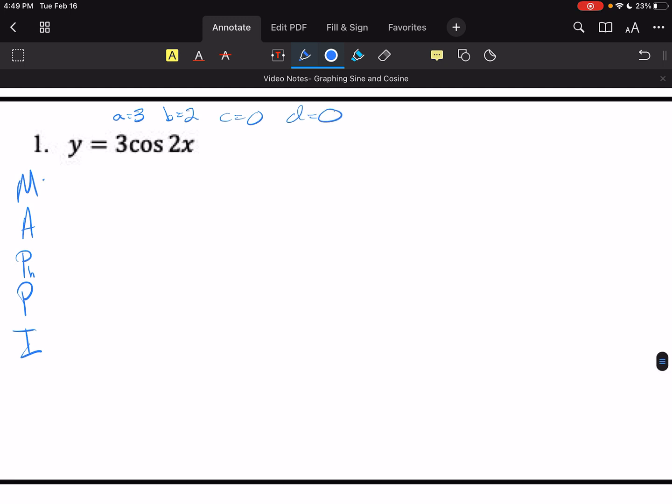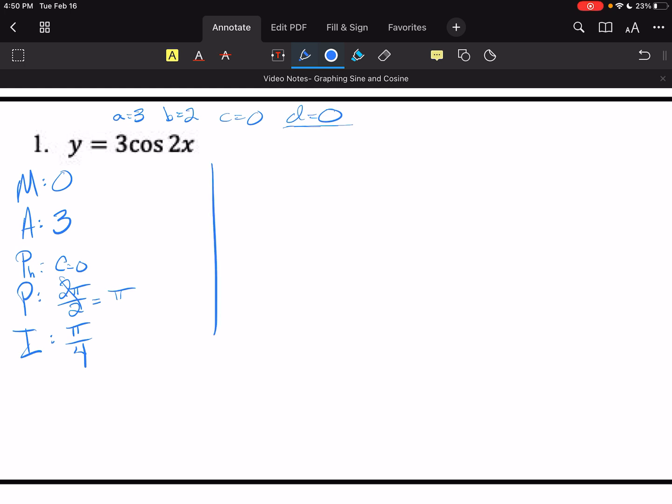So my midline, my vertical shift, 0, okay? Amplitude, 3. Phase shift goes with your C value, which is 0, so we're not moving left or right. Period, 2 pi over B, which would be pi. And then my interval, I divide my period by 4.